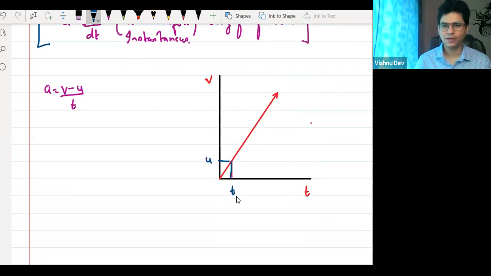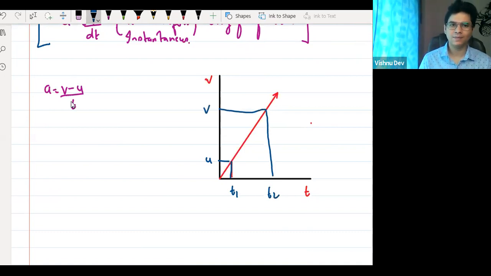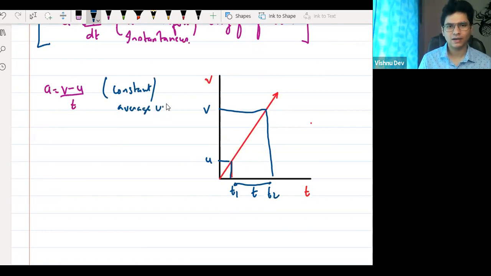This is time t1. At this point, time is t2, the velocity is suppose v. So I can say slope is v minus u by t. Clear है? ये सबको clear है? And this t2 minus t1 is t, है ना? So can I rearrange this equation, tell me, right? This is for constant, yeah, average acceleration, है ना? Average uniform acceleration.